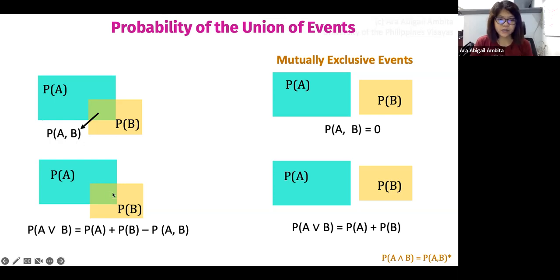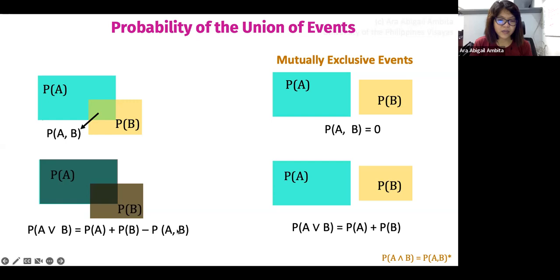In order for us to take the union of events, we can denote it using the probability of A or B. In other words, in the set theory notation, that will be taking the probability of A or the probability of B or the probability of both A and B. So we simply take the sum of P of A and P of B minus the joint probability of A and B. This joint probability refers to this part wherein A and B are occurring at the same time.